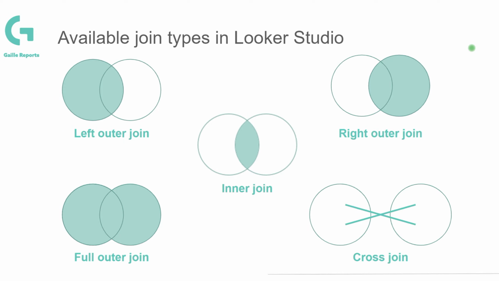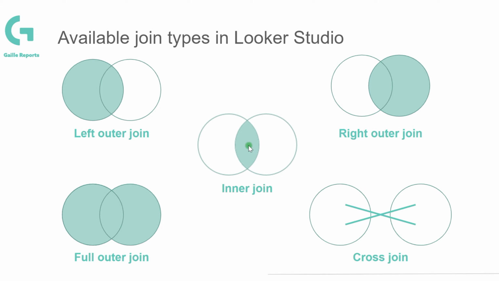In Looker Studio, we have 5 different types of blending available. We have left outer join, when we take data from the left table as a base and add data from the right table only for rows that were found in the left table. Same with the right table, but the base is the right table, and in the final data set we will see only these rows with additional information from rows that were found in the left table.